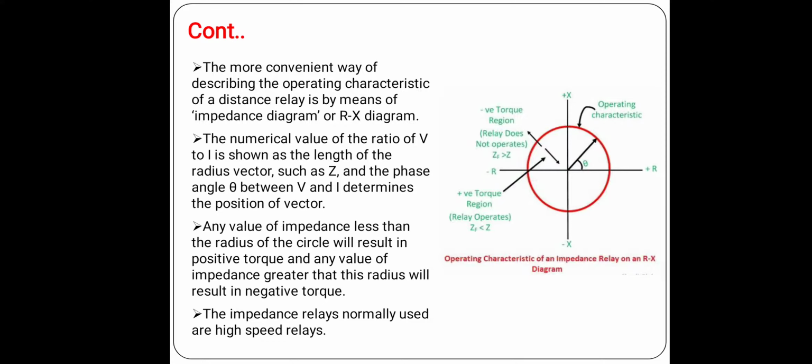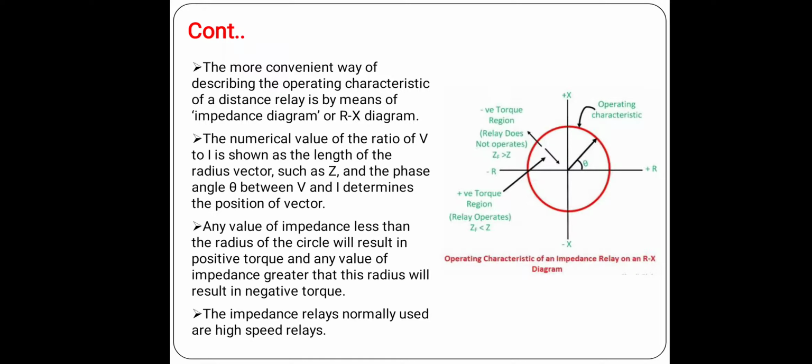When the impedance is less than Z, the fault lies inside the circle, which means ZF is less than Z. This region is called the positive torque region, and the relay operates.